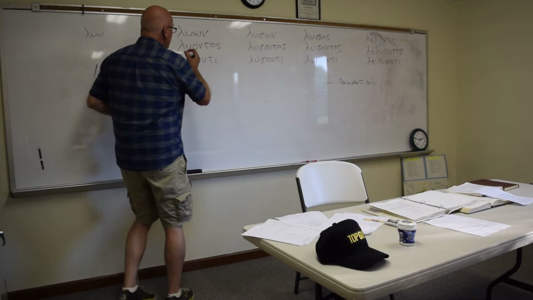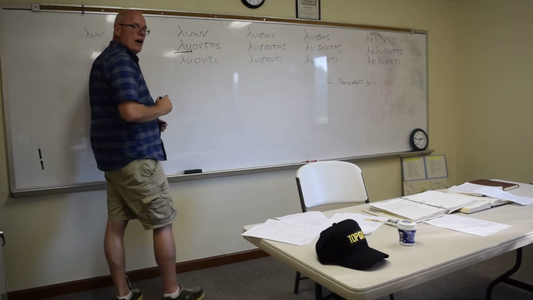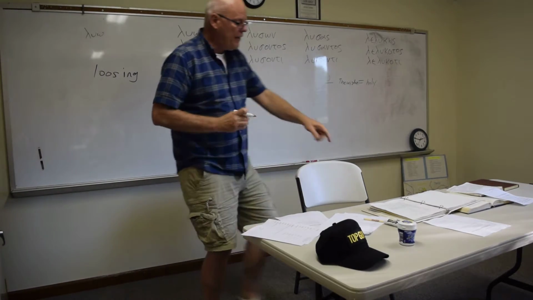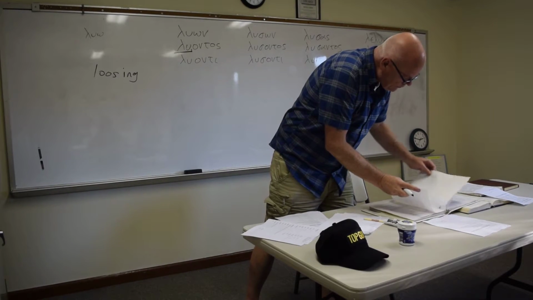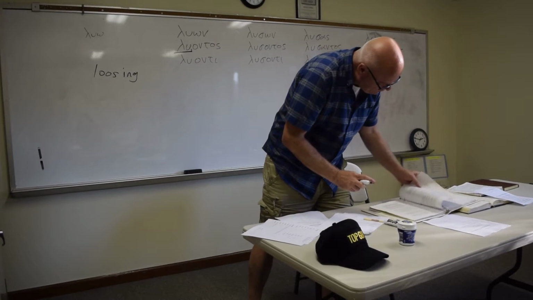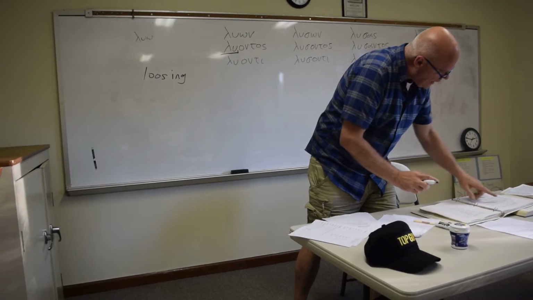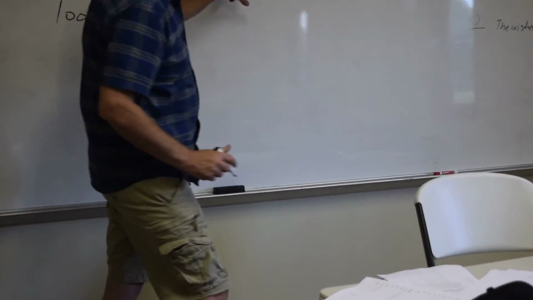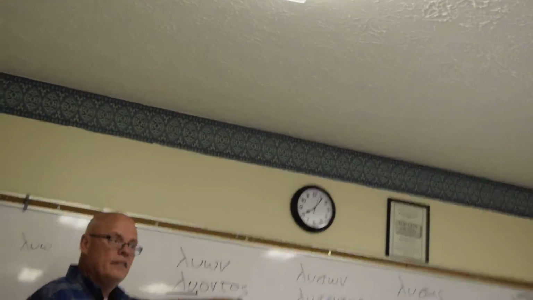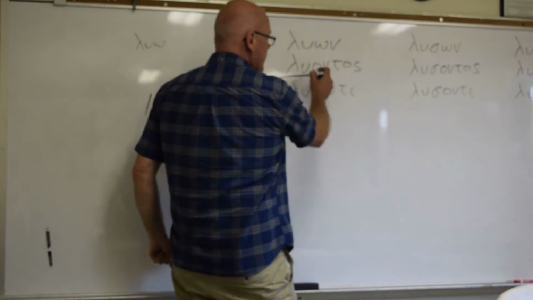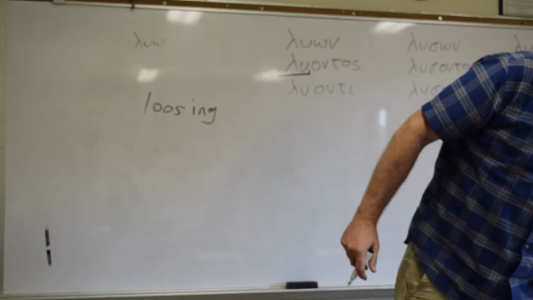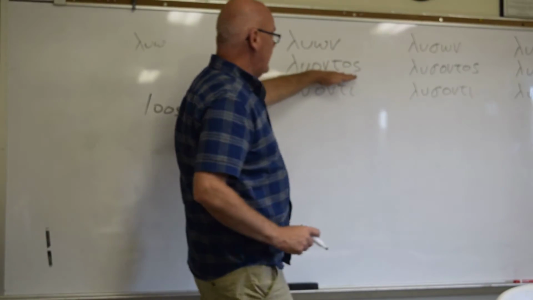What I'm doing here is I've got my stem, and then I'm putting my IME on the end. What do you mean by that? Your IME participle endings on page 72, those become your endings.